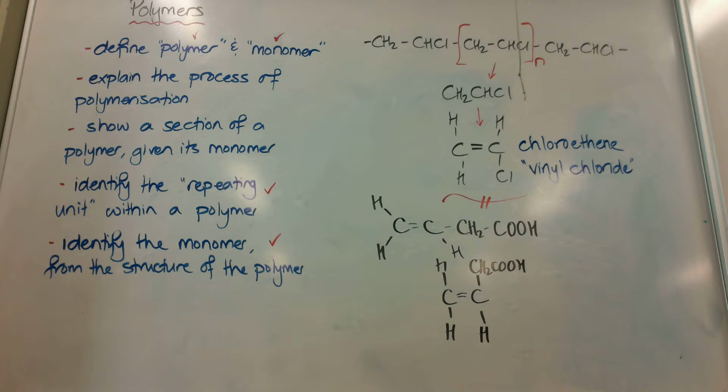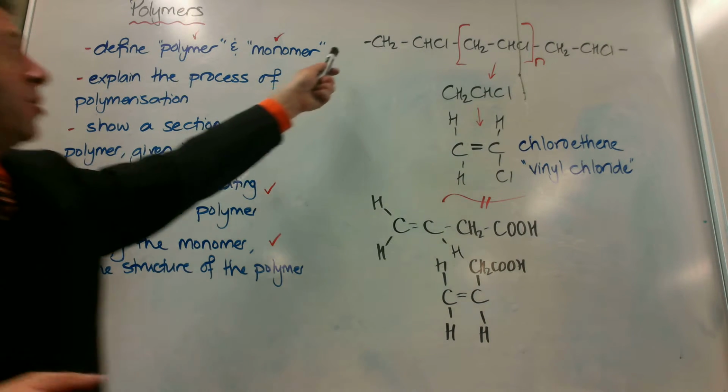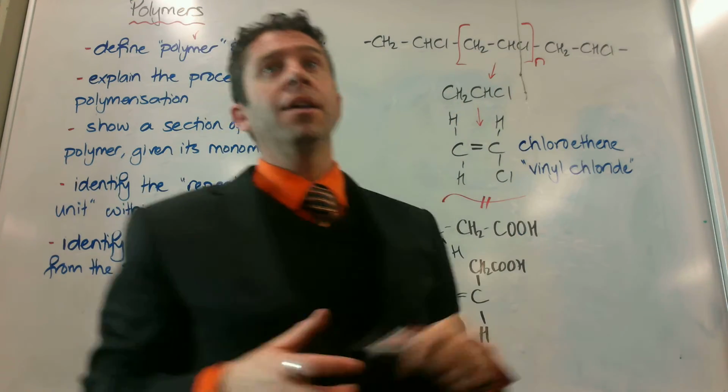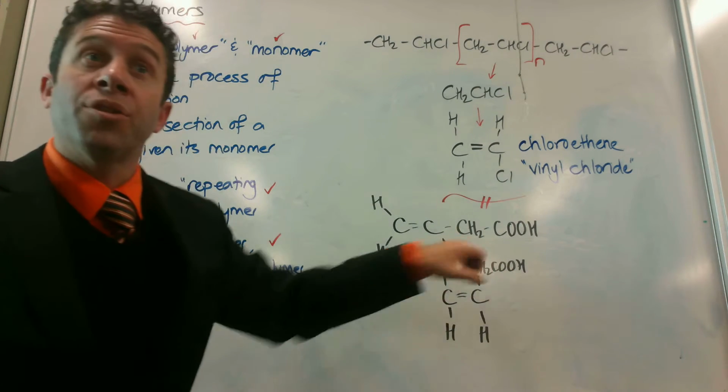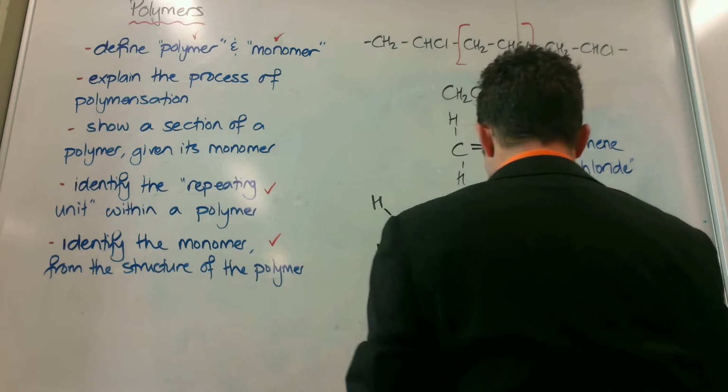Then I'm going to put it next to two more of them. I'm going to draw it again twice, because you'll notice that I put 3 repeating units here. Usually in NCEA they ask you to show 3 repeating units to show that you understand what's happening. Okay, you'll notice I've gone up and down with these. So I'm going to draw the same thing next to it.